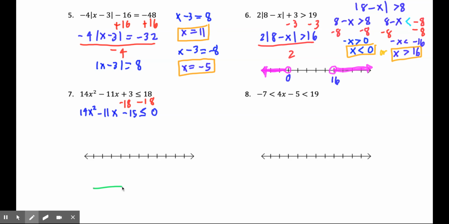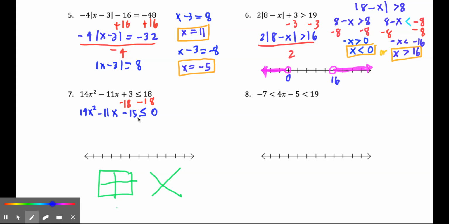I'm going to do that down here, a little higher. Okay, so you want to put the 14x squared here, the -15 here, and then you multiply these, and then you get -170x squared.